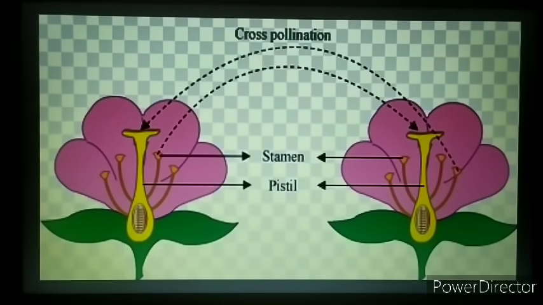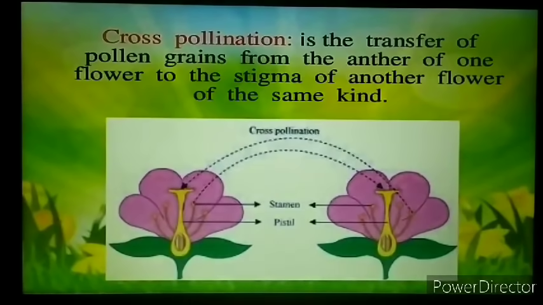Of course, same species, which means same type of plant. So what is cross-pollination? Cross-pollination is the transfer of pollen grains from the anther of one flower to the stigma of another flower of the same kind.